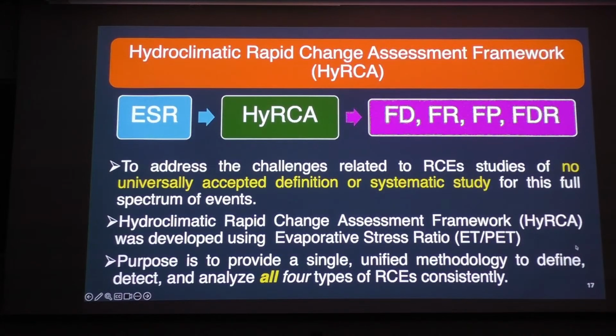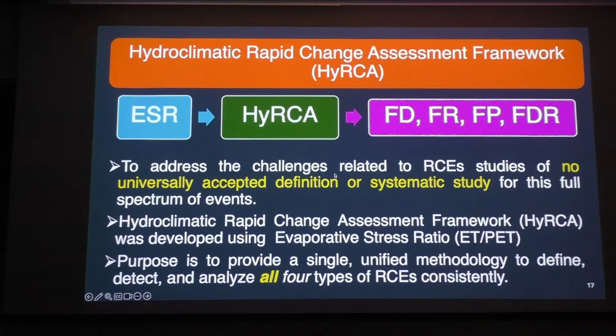With all this, we introduce the Hydroclimatic Rapid Change Assessment framework, which uses evapotranspiration data. ESR is the ET ratio: the actual evapotranspiration divided by the potential evapotranspiration. Then we use different criteria to check how it varies according to our threshold, and then we can identify all the 4 types of rapid change events.